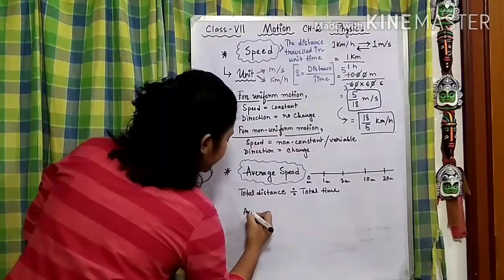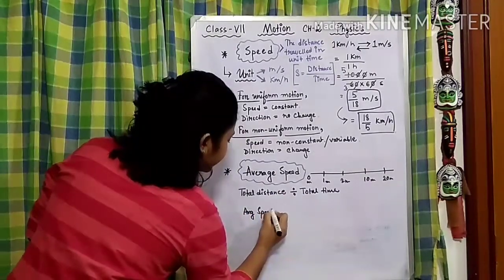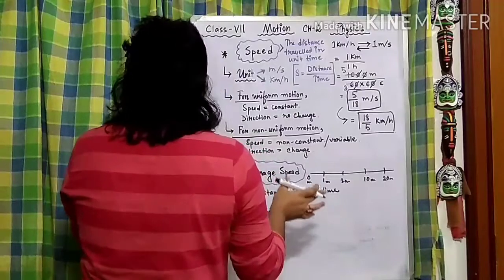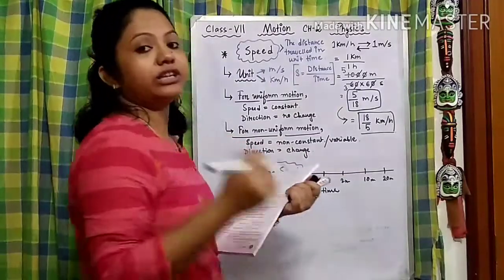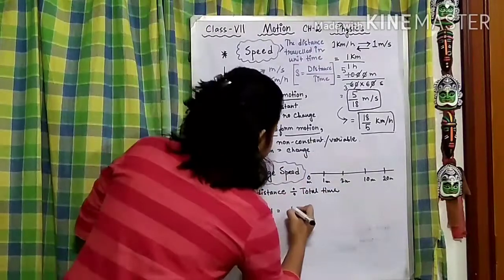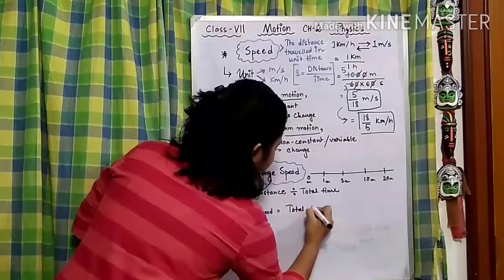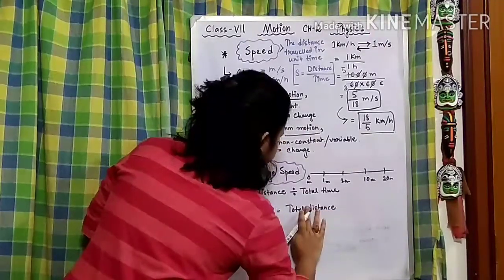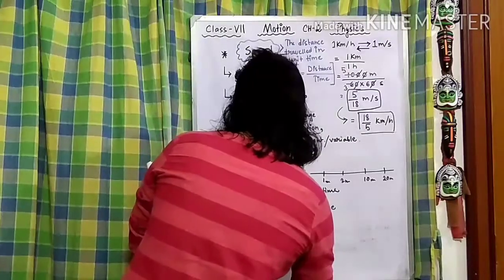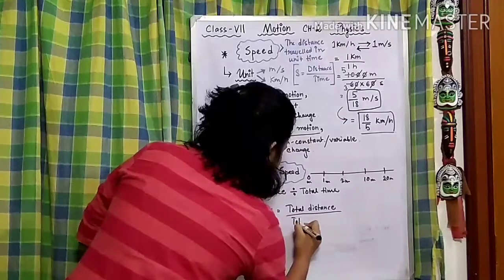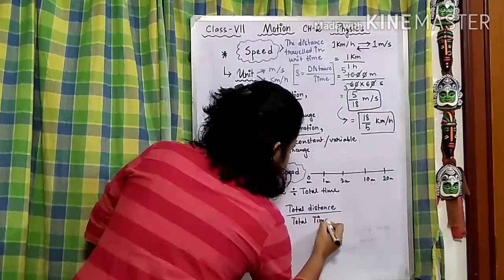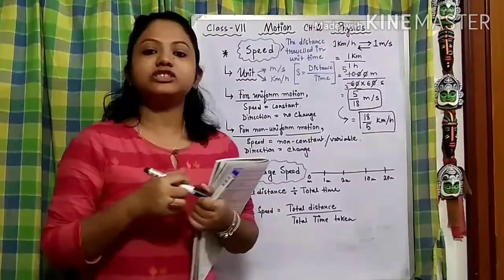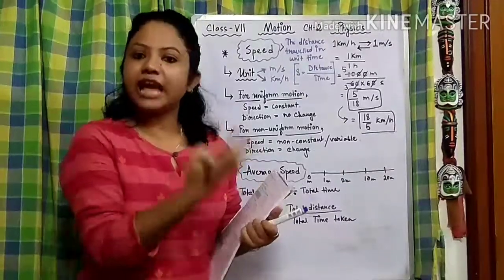Average speed is equal to the total distance covered by an object divided by the total time taken to cover that distance. Okay, so here, total distance by total time taken. So this is how we find the average speed of an object that has traveled.